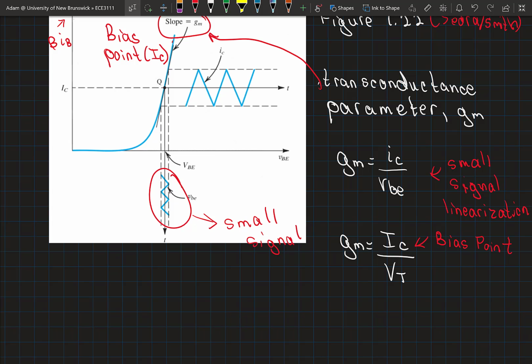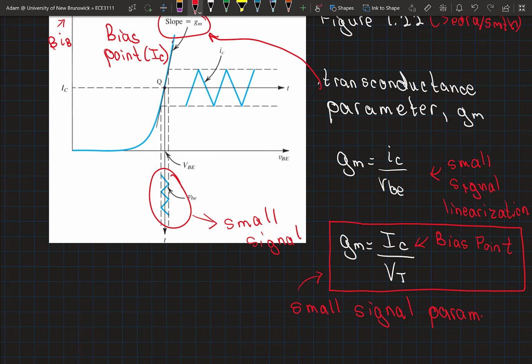So this is a very important parameter that we are going to use in our small signal models. From our bias conditions, we set a small signal parameter around which the device is operating from a small signal perspective.